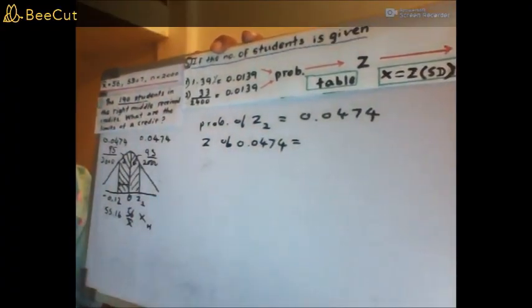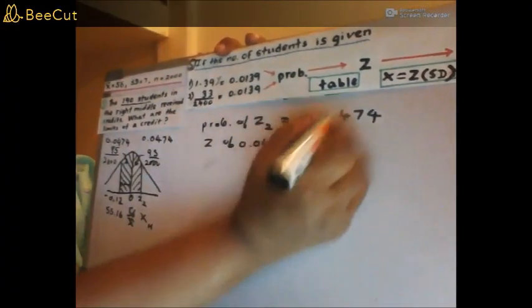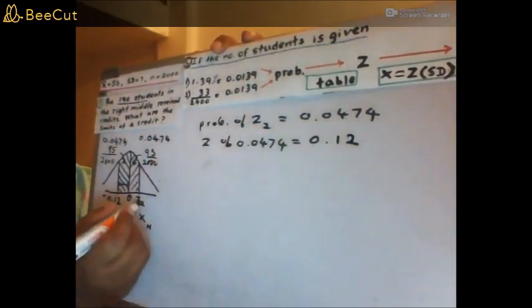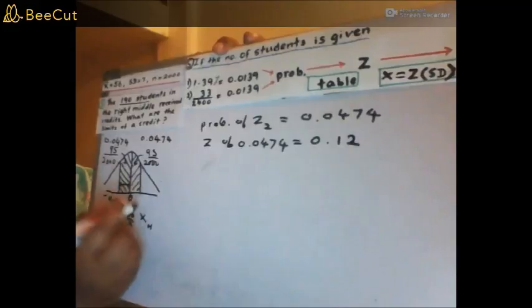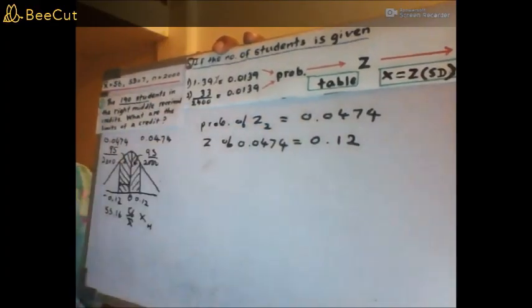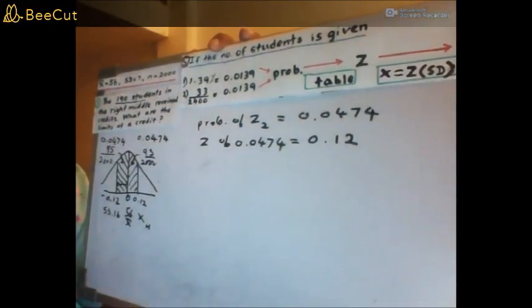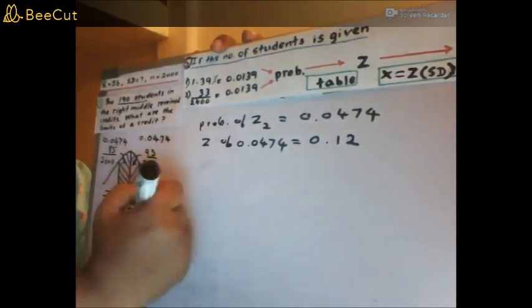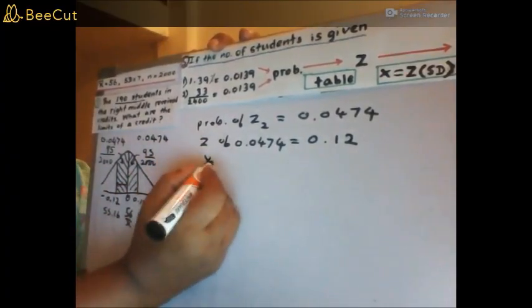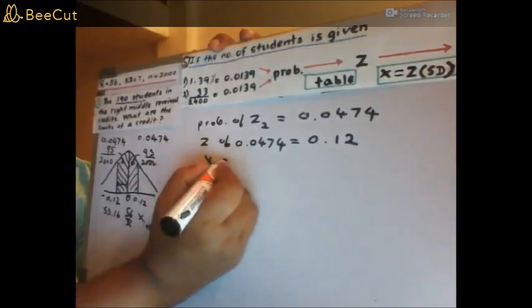You don't have to write all, just write Z of this one. What is the Z value of this one? Now it is the same probability, 0.12. Now it is plus. So you put 0.12. That's why you know it's a plus value on this side. Then you have to find the upper limit, right?